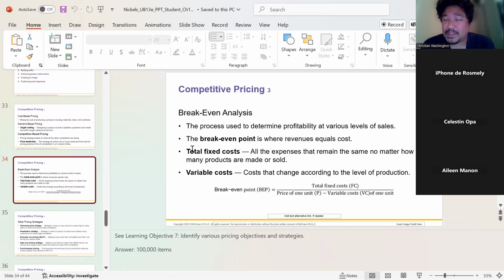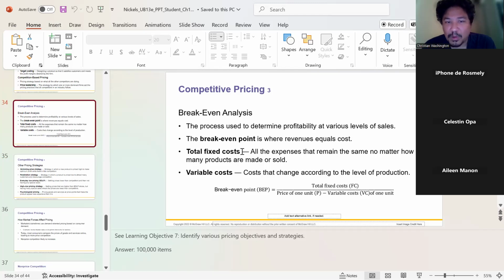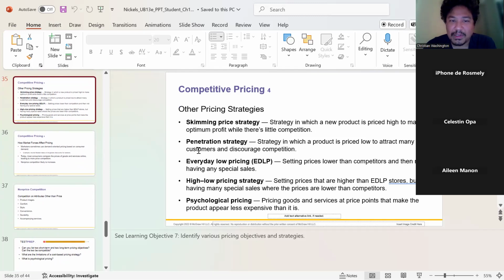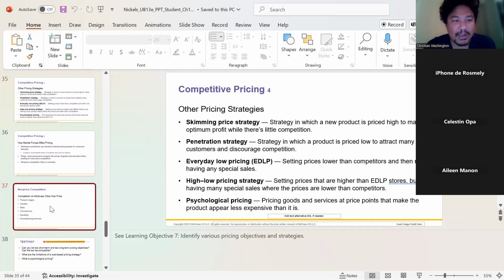How many burgers do you need to sell before you pay for all that, right? At some point, you break even and make enough money to cover all that overhead and costs, and then everything else after that becomes profit. And it's the breakdown between total fixed costs and variable costs. Here's the equation. You should understand the concept of what that is. These are different pricing strategies: everyday low pricing, high-low pricing, and so on and so forth.